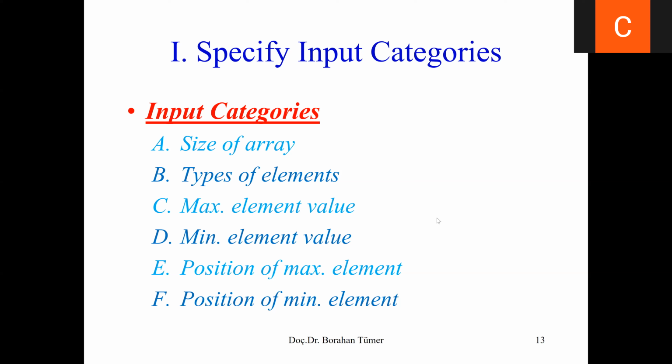How about the max element value and min element value? What may be these numbers? For max and min element values, what would you say the equivalence classes would be?